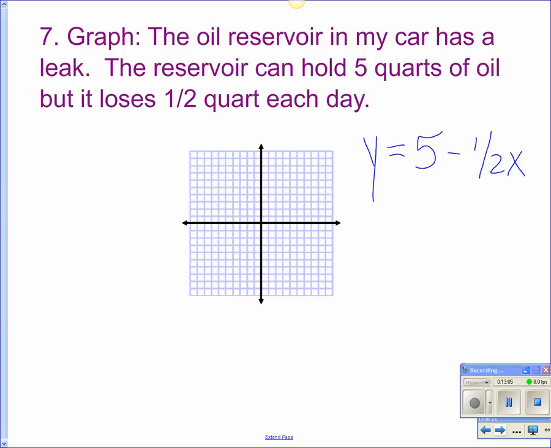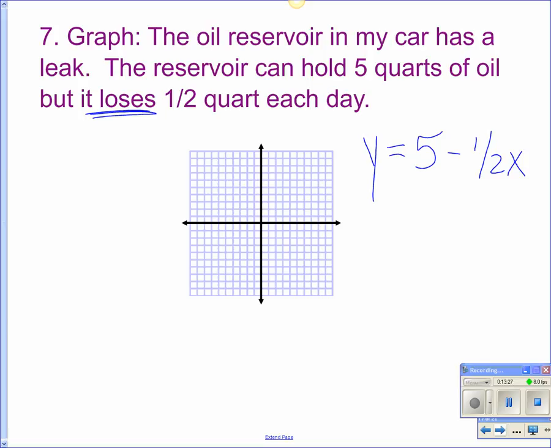Gracie, why was it minus? Tamara, why was it minus? Huh? Negative. But why? It loses the oil, so that's taking away.